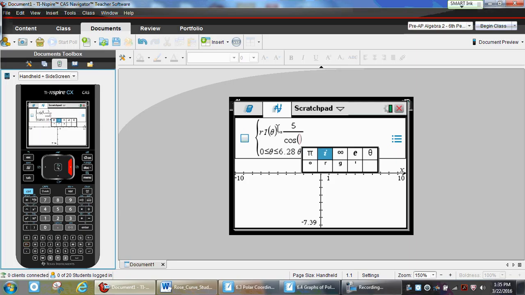Press pi down here, next to the letter H. Okay, and then you select theta. Exit out of that parentheses, and then plus sine. You just spell sine.